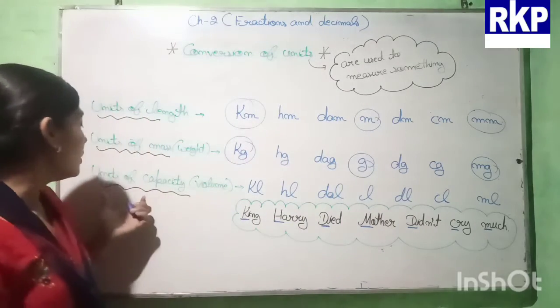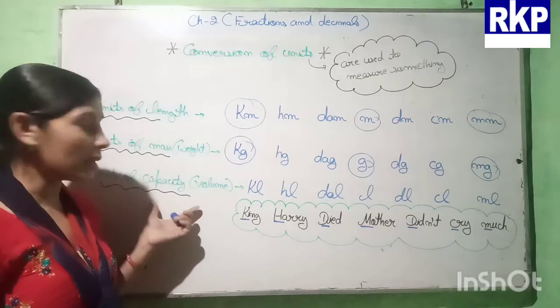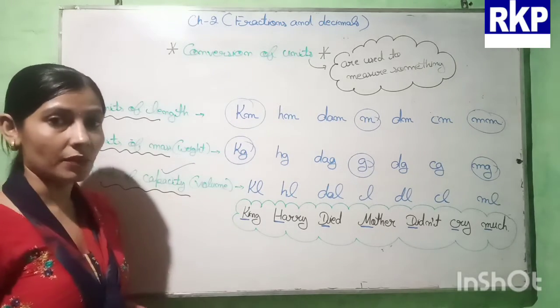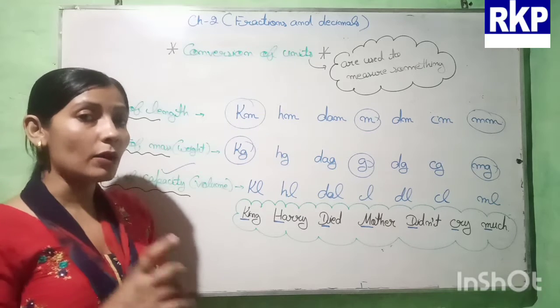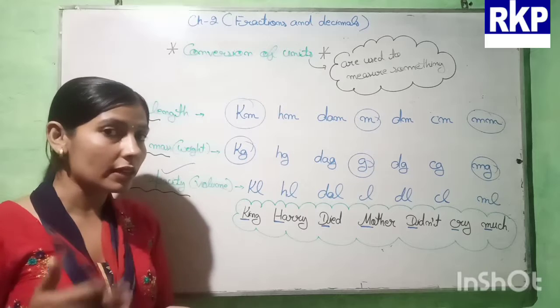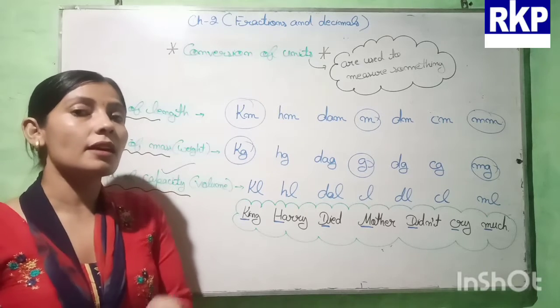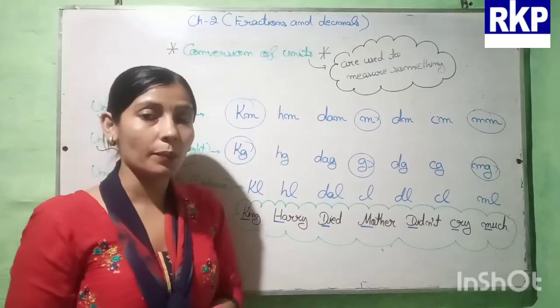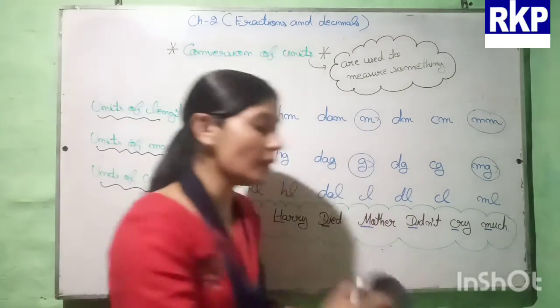And next is units of capacity, or volume. Students, what is the meaning of capacity? Capacity is the amount of liquid that a container can hold, okay? See this glass.